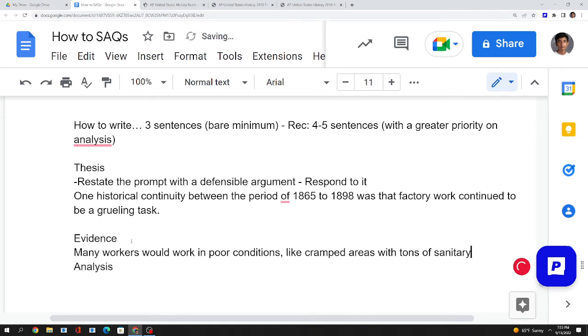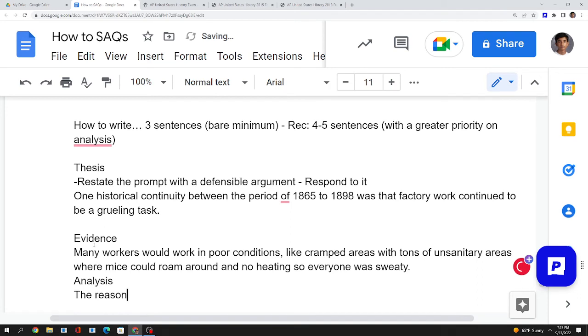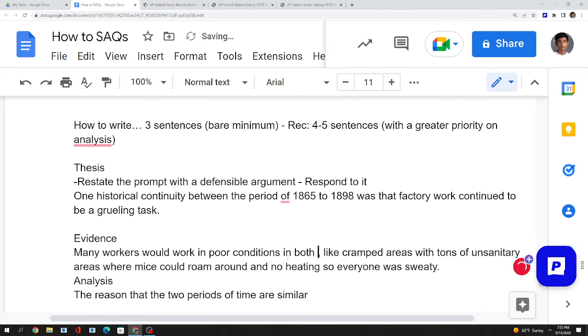Like cramped areas with tons of unsanitary areas where mice could roam around, and I don't know, heating, right? No heating, so everyone was sweaty. And then my analysis would be the reason that the 2 periods of time are similar, work in poor conditions in both time periods.